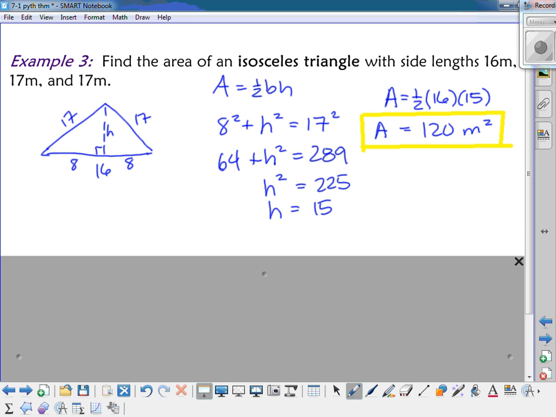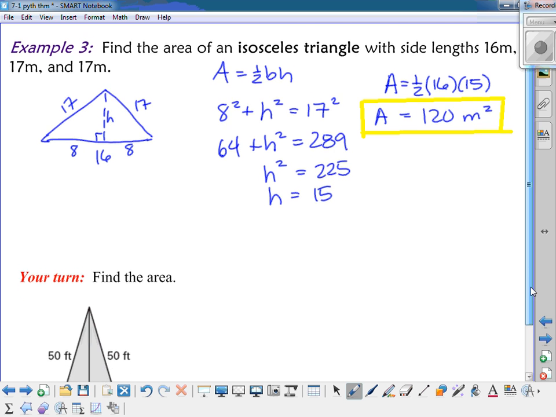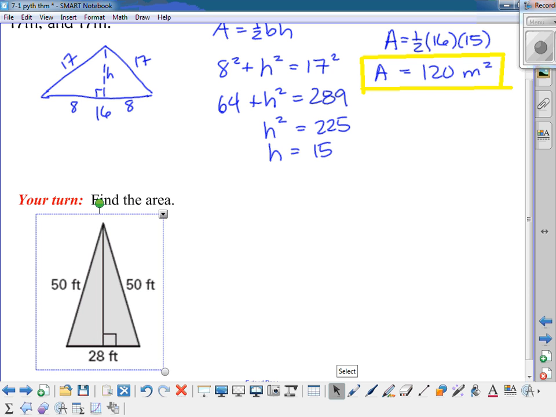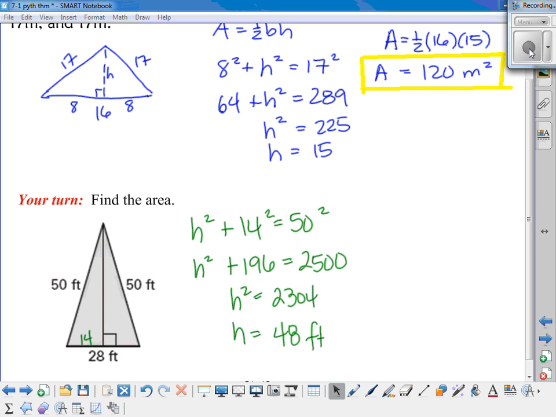So I'm going to give you guys one to do in your notes after you're done writing that down. You're going to find the area of this triangle here. If it's hard to see, the sides are 50 feet and the base is 28 feet. Okay, so when you set up your right triangle, you cut the 28 in half and you get 14.